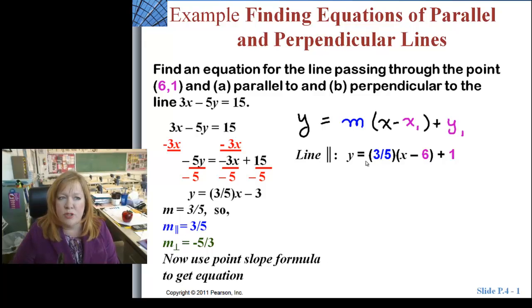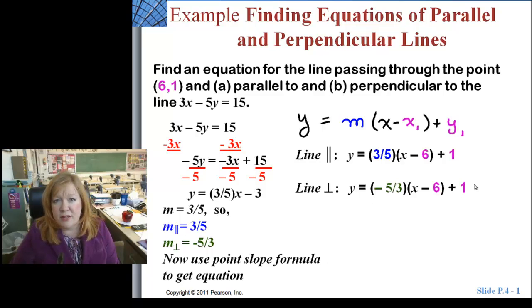The nice thing is, once you have this set up, the only thing that's going to be different on the perpendicular line is this slope right here. You're going to replace that with -5/3. So the line that's perpendicular to it will have this format. Now they didn't give us a particular form of the equation. They didn't say find the standard form or the point-slope form or the slope-intercept form. So we can leave it just like this.